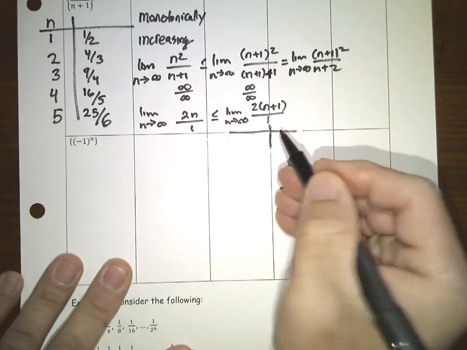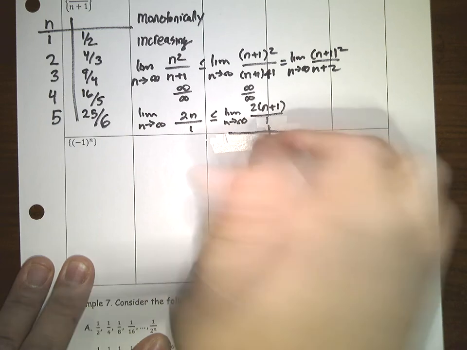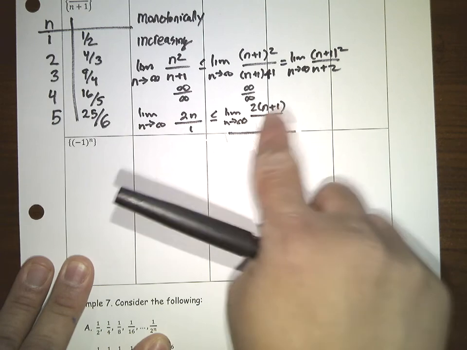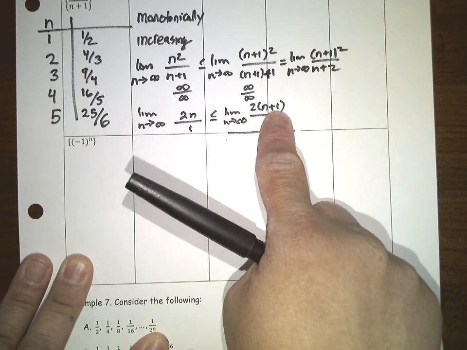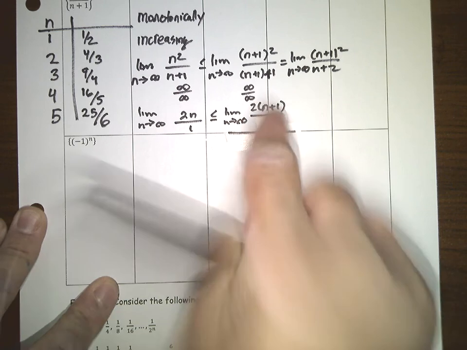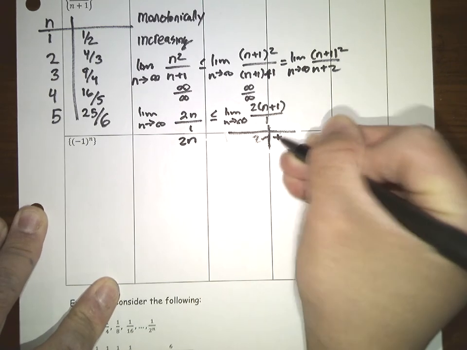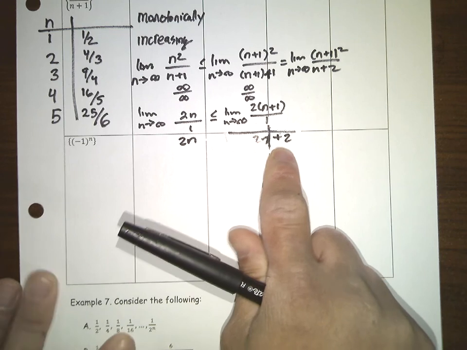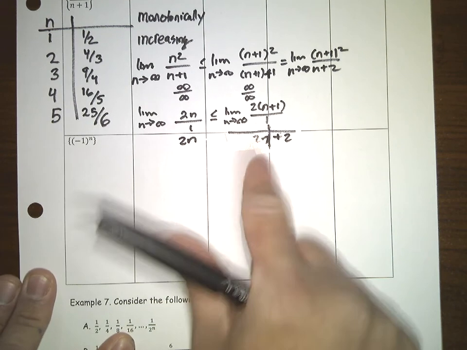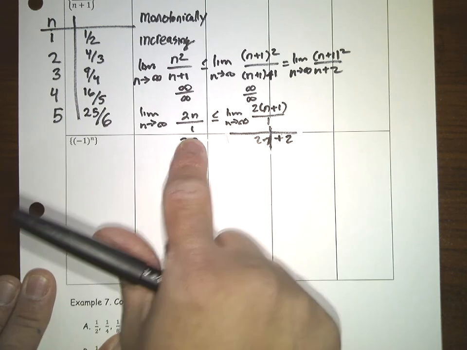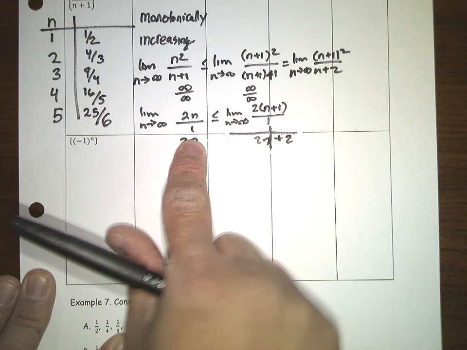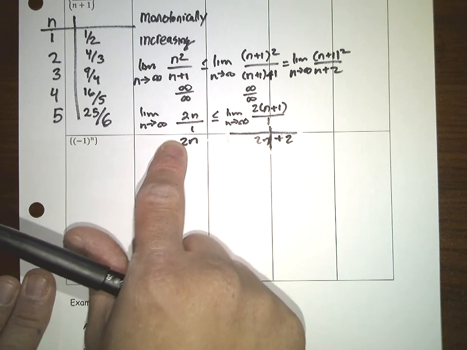So now we actually see that we have 2n and 2n plus 1 here. So this will be 2n, and that's 2n plus 2. If I add 2 to the 2n, I'm always going to get a number that's bigger than this number. So I know that this is always bigger than this.